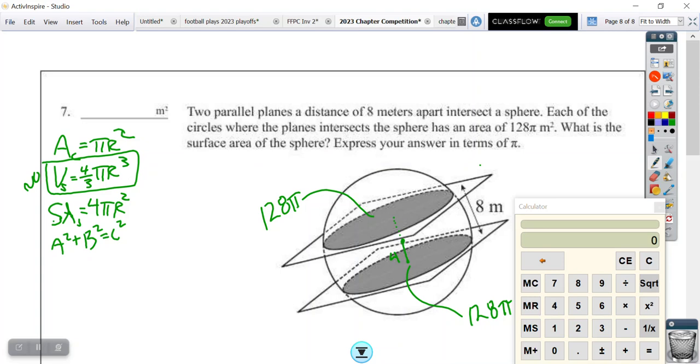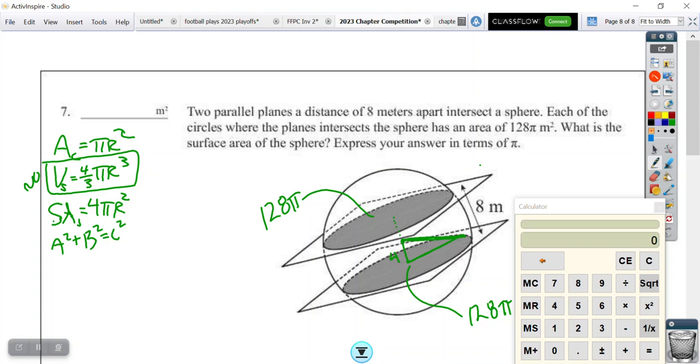Now, I'm going to draw the radius of the circle, and I'm also going to draw the radius of the sphere. Now, the radius of the sphere will go from the center of the sphere to the edge of the circle, because the edge of the highlighted circle is where the plane meets the sphere.